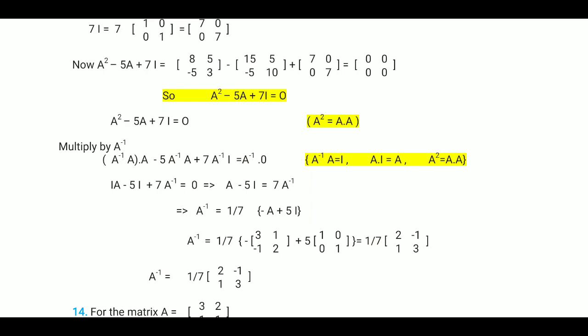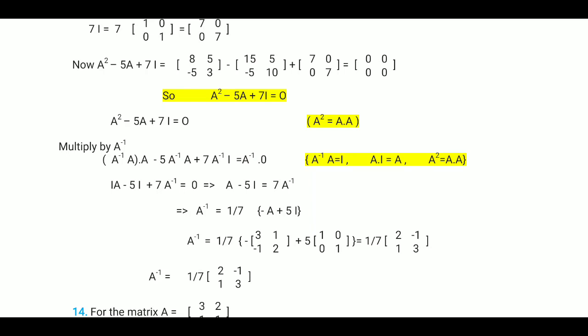So this is equal to A minus 5I is equal to minus 7 A inverse. This was correct. And A inverse is equal to 1 upon 7 into minus A plus 5I.